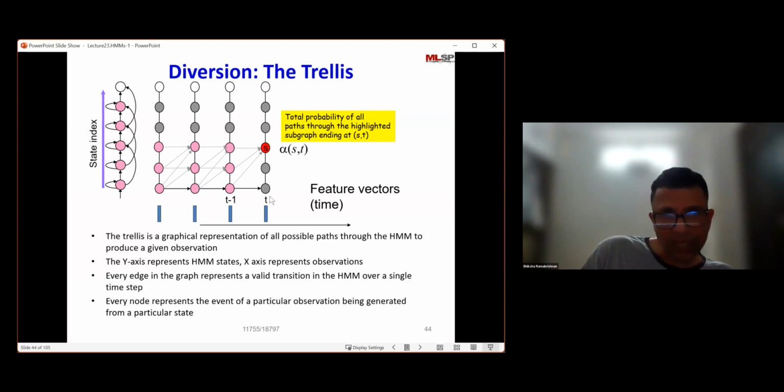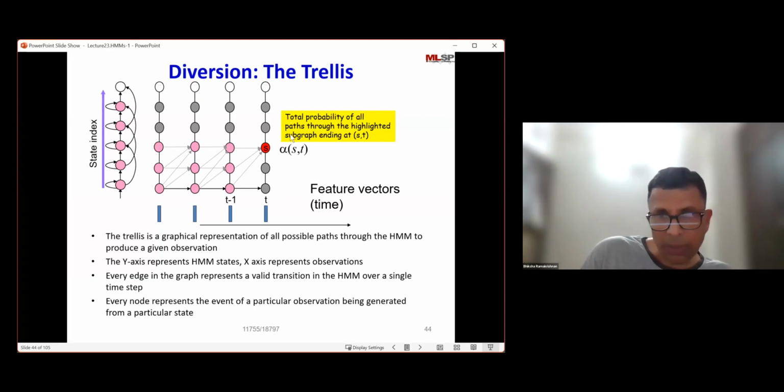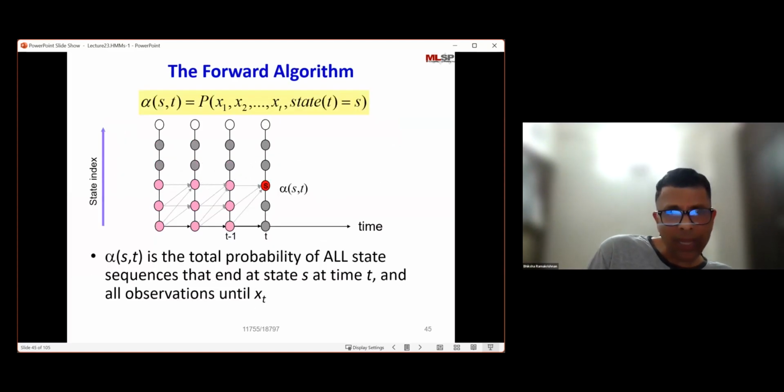Okay. So again, this term is going to be represented as alpha S,t. Alpha S,t is the event that the process somehow ends up in state S at time t and generates all of these observations, O0 through Ot. Now, how can I compute this?